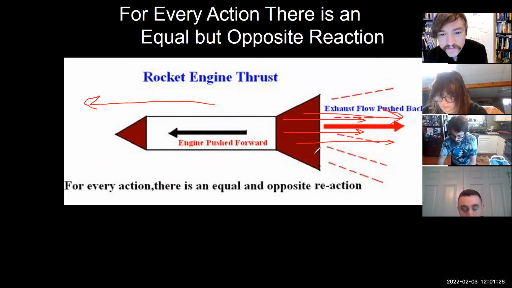Since the rocket floats in free space, when you push gas out of the back of the rocket thruster, to preserve that every action has an equal but opposite reaction, it creates a forward force and causes the rocket to move forward.